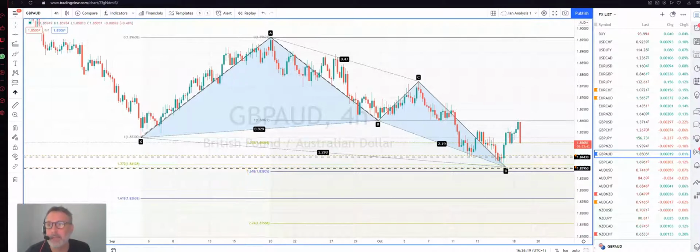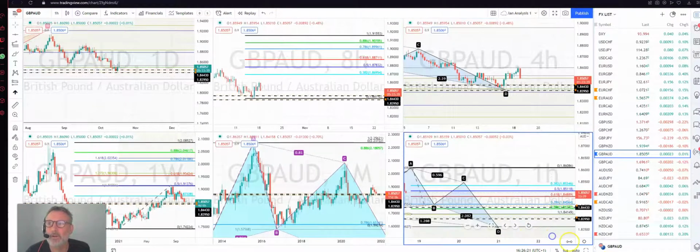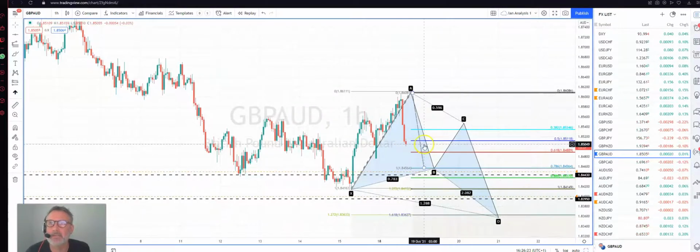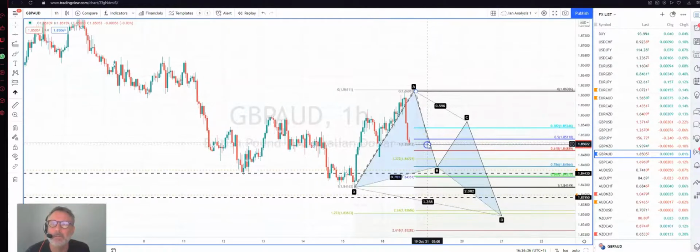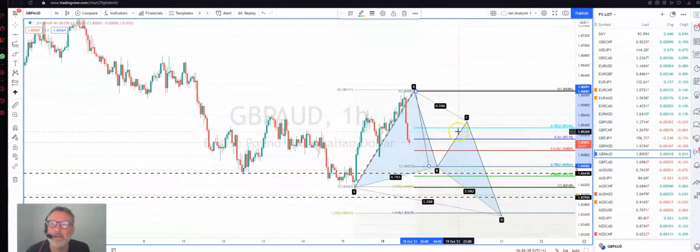So again, really important just to monitor this price action on sterling against the Australian dollar to decipher the cipher. If it stops here, and when I say stops, corrects higher, then we're looking at this level down here.